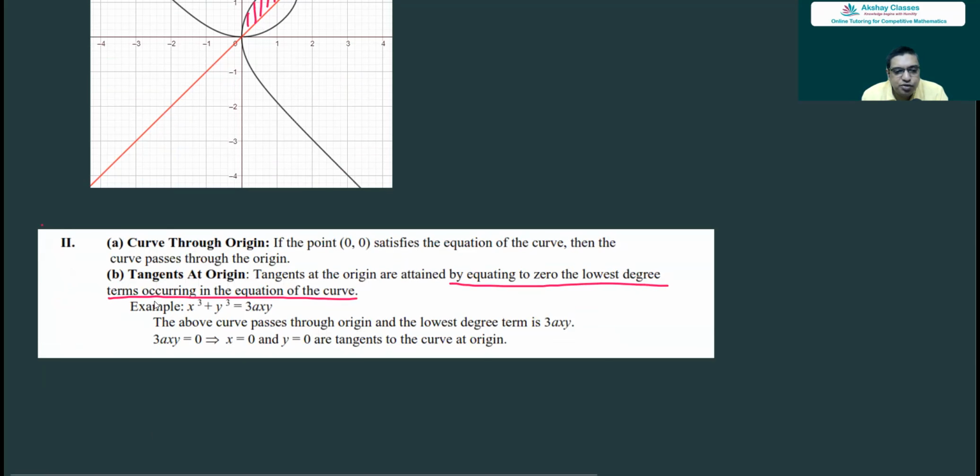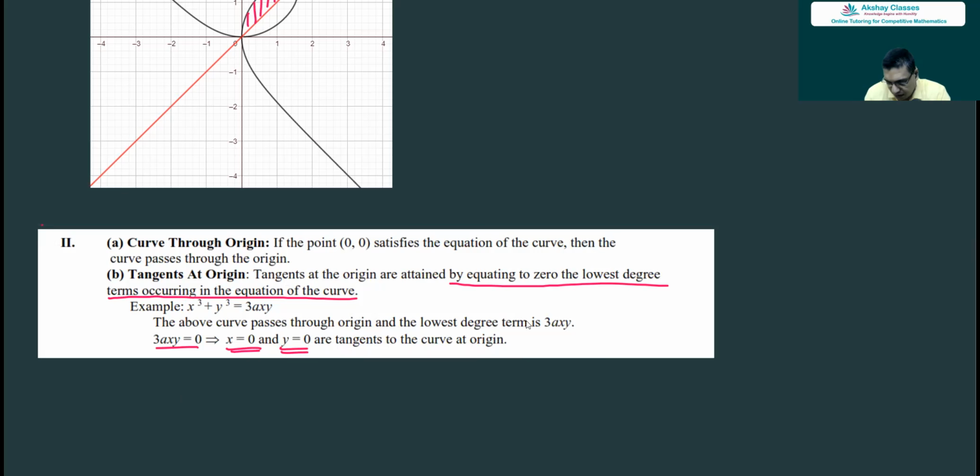So equate that to 0. So we equate 3xy to 0, 3a xy, and a is a constant. So we get x equal to 0, that is the y-axis, and y equal to 0, that is the x-axis. These are the tangents to the curve. So take the lowest degree term and equate that to 0. And whatever you get, even if you get a linear equation equal to 0, that will be the tangents to the curve.